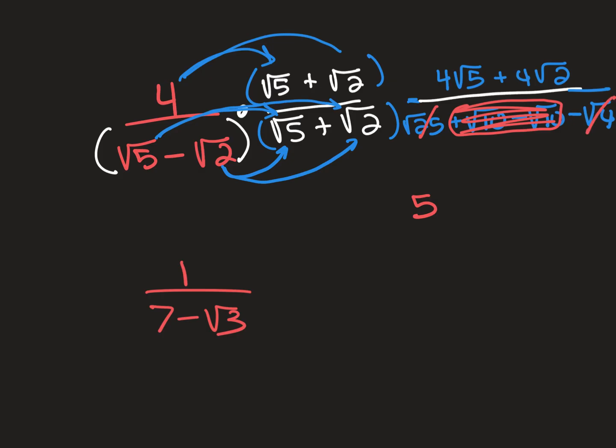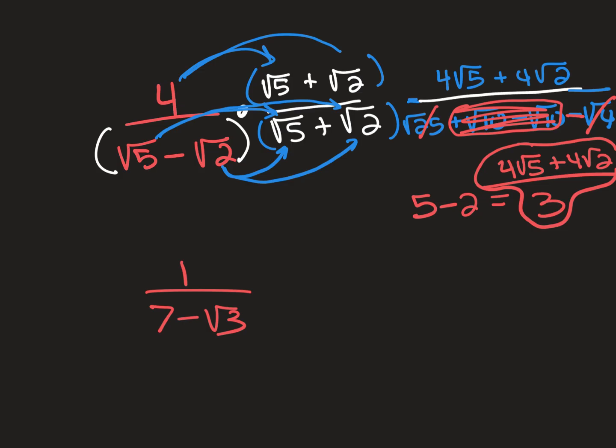Square root of 4 is 2, so it's going to be a minus 2. So the bottom of my answer, the denominator, is 3. And I'm just going to bring this down: 4 square root of 5 plus 4 square root of 2. Those are not like terms, so I can't do anything else with those. I'm just going to leave it like that. But at least the radical is not in the denominator anymore, and that's really what we were looking for.